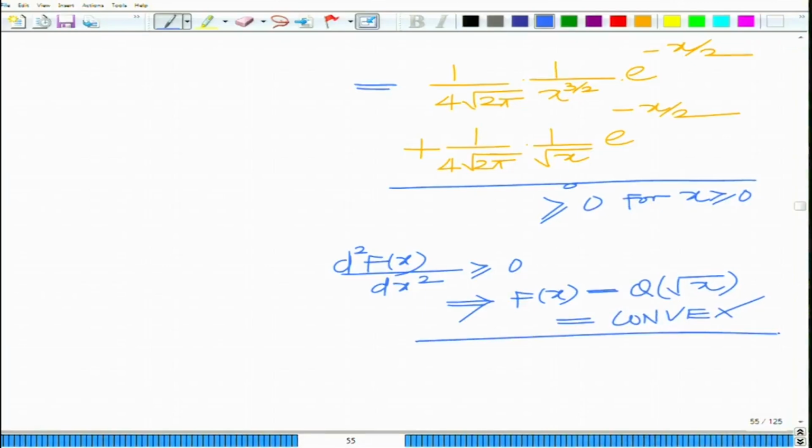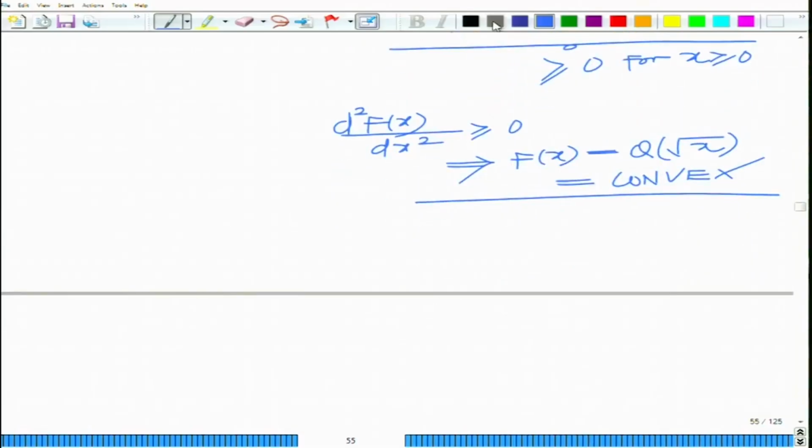Okay. So, that shows that this bit error rate function Q of square root of x is a convex function. So, f of x, Q of x is convex as well as Q of square root of x. Now, we are demonstrating this for Q of square root of x because that is relevant in this context.